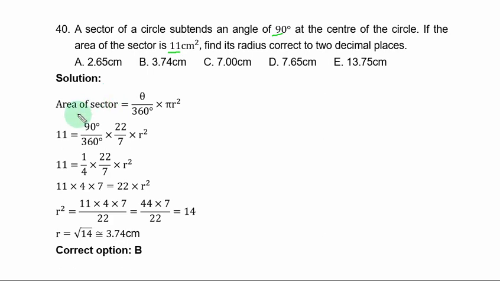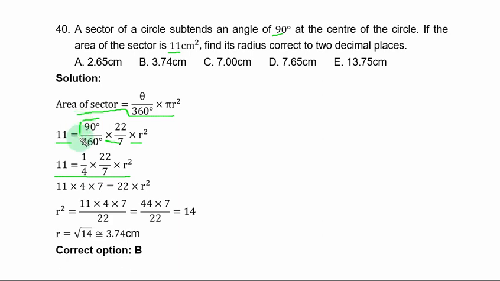Area of a sector is given by this formula. The area is 11. The angle subtended at the center is 90 degrees over total angles 360 times pi 22 over 7 times radius, that is r squared. R is unknown. You simplify to this form.